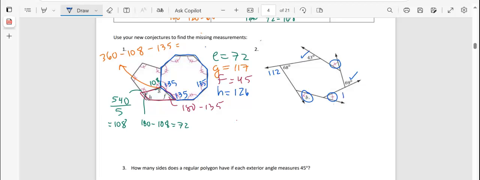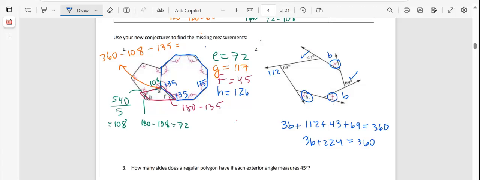And since this angle B is congruent to this angle and congruent to this angle, I can then write 3B plus my remaining exterior angles as a total of 360. I'm going to go ahead and just combine my like terms. 3b plus 224 is 360.